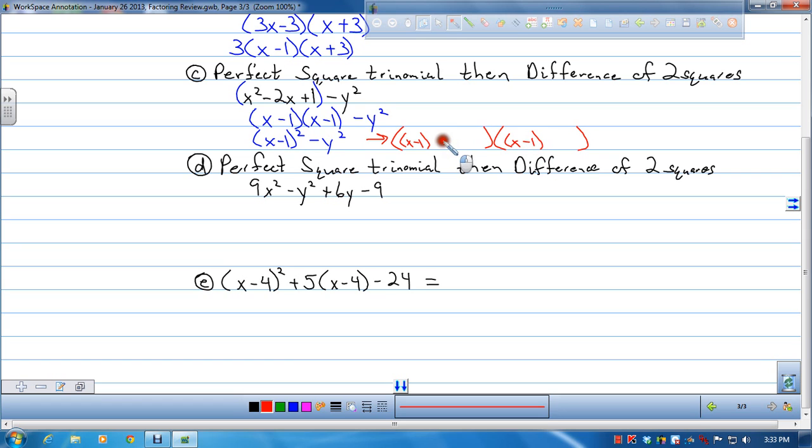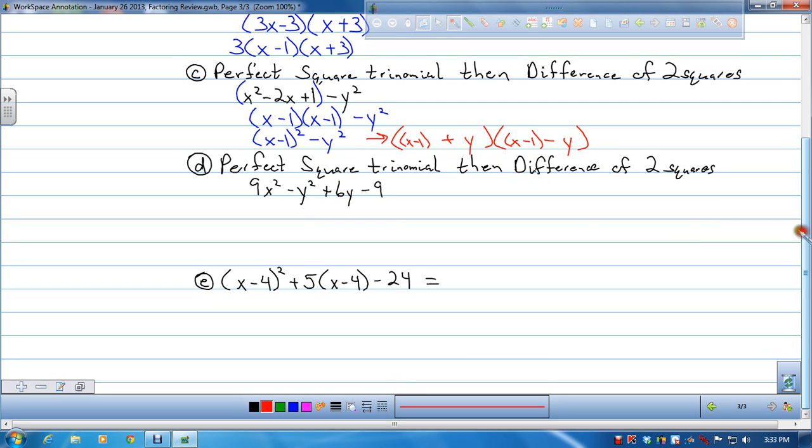I will add y here, and I will subtract y here, because that's what you have in the difference of two squares. Can I simplify anywhere? No, it does not appear I can. So I'm good to go. Alright, now perfect square trinomial, then the difference of two squares.